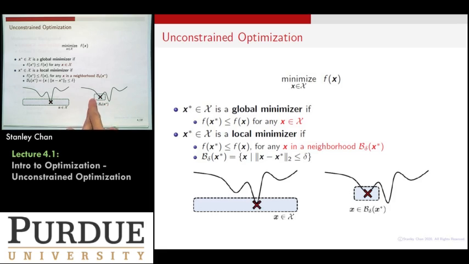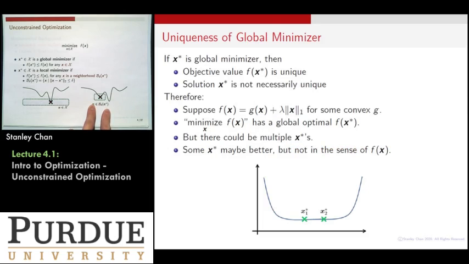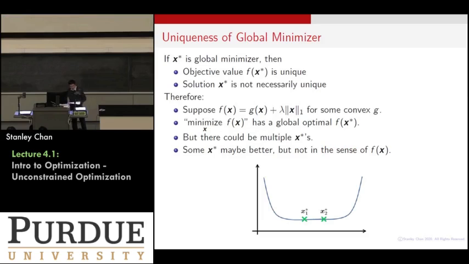Okay, you can have multiple local minimizers, but usually you will have one global minimizer. But are global minimizers always unique? It's also not true. If it is a global minimizer, then what I mean is that your objective value is minimized. That's all it says. Okay? Now, whether you can have a unique X star, that's not guaranteed.